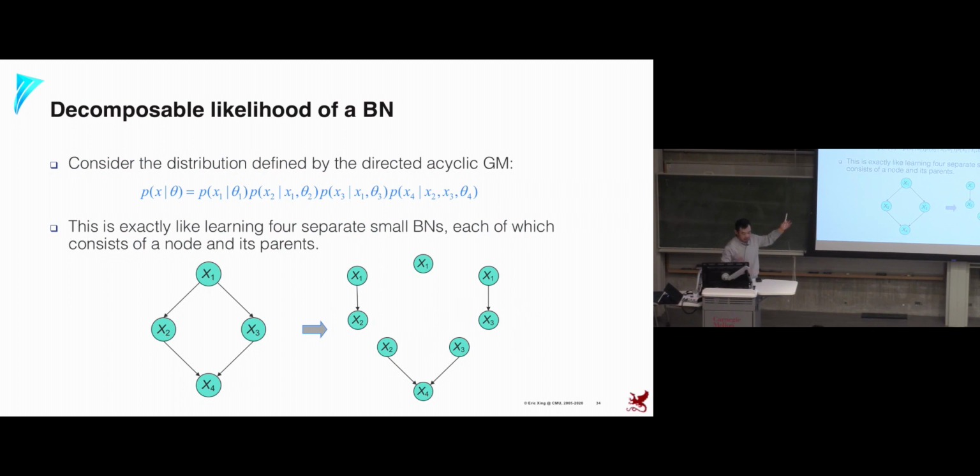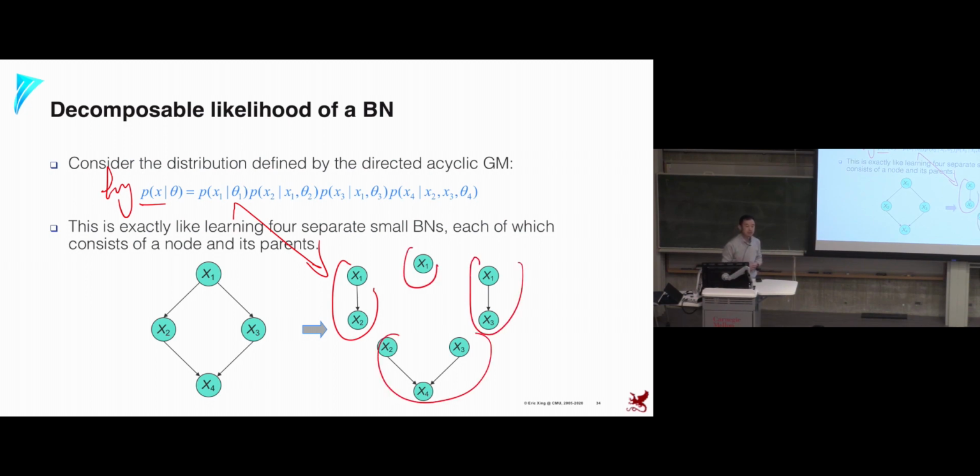And here is just a more graphical illustration about what can happen, right? Once you have this fully observed model and you write down the likelihood, your log of that will lead you to basically work on this model, that model, that model, and that model, right?